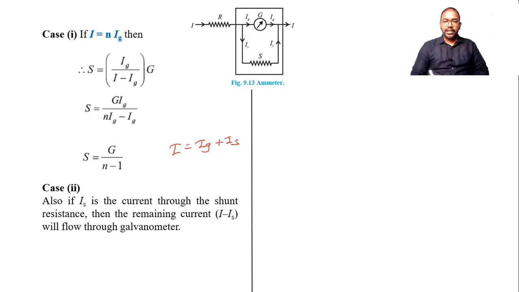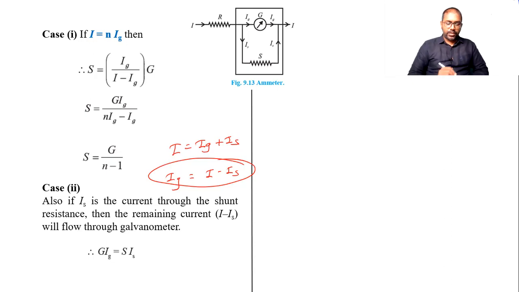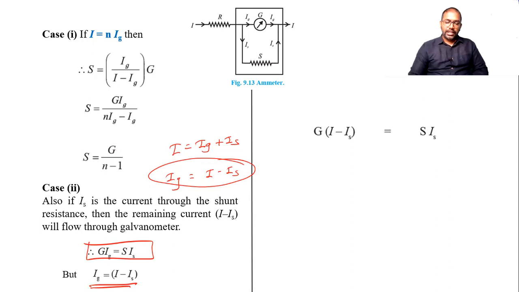Again, they are in parallel, so G into IG is equal to S into IS. Now we substitute IG equal to I minus IS, and we get this formula. Then we simplify the equation.